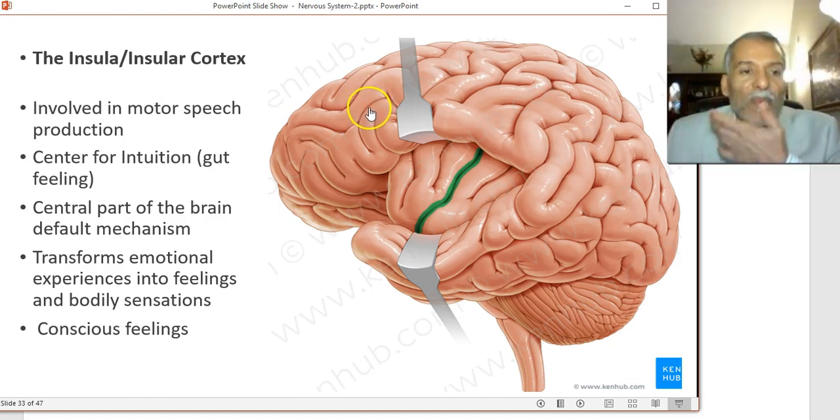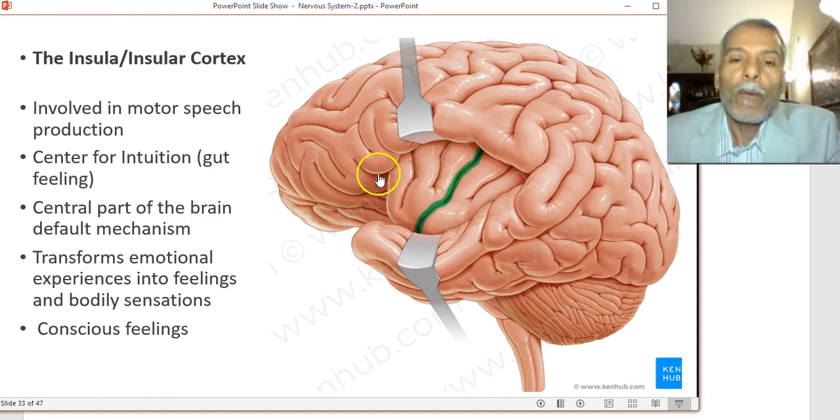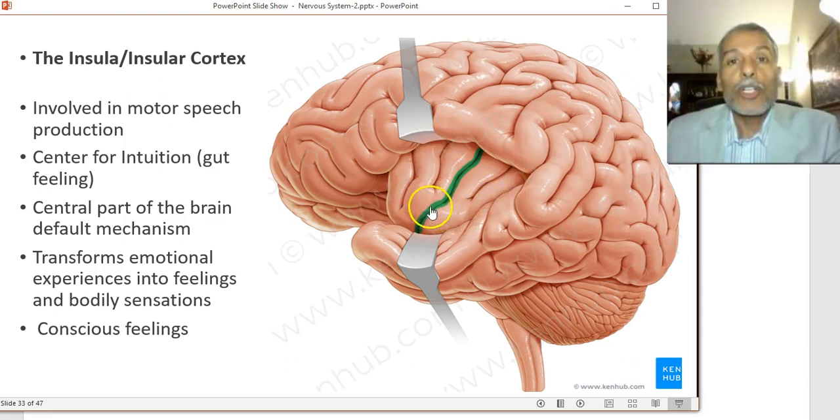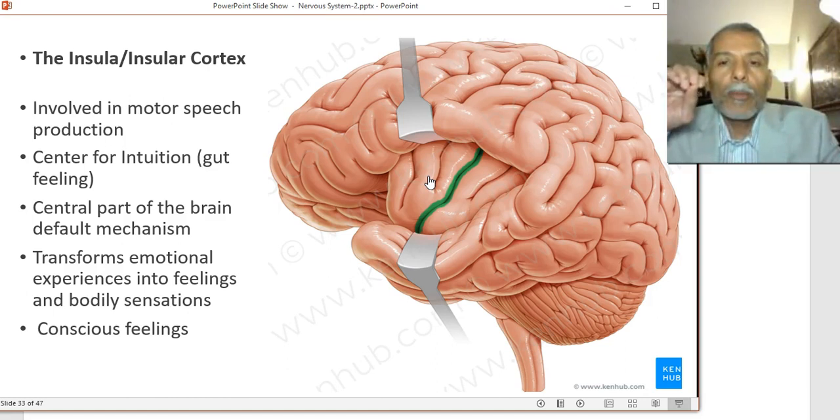And it's also like the central engine for something called the brain default mechanism that gives you intuition. Whenever you are distracted and staring like this, and you don't have a conscious goal that you are working on, your default mechanism immediately begins to be active.